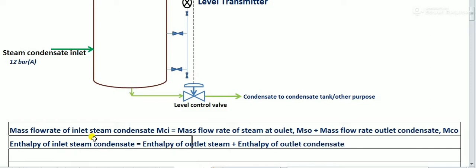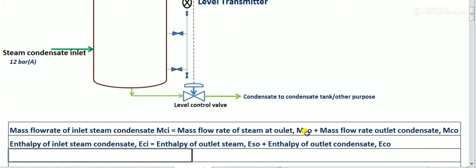There is no energy loss in the system, so input energy is equal to the output energy. We can give the nomenclature: enthalpy of inlet steam condensate, enthalpy of outlet steam, plus enthalpy of outlet condensate. So we have both equations.